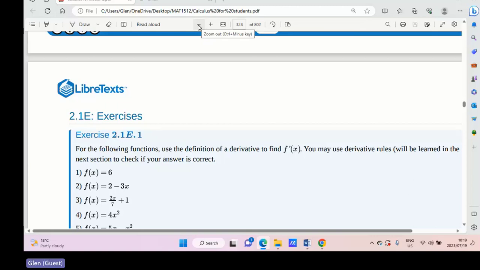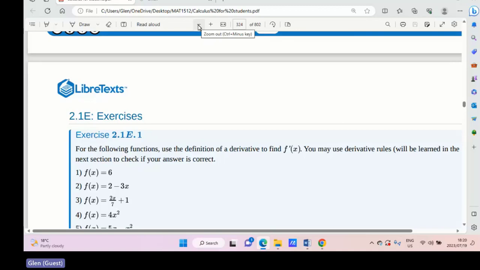You may use the derivative rules, which will be learned in the next section. But for now, let me ask you to not focus on the next line, which says you may use.